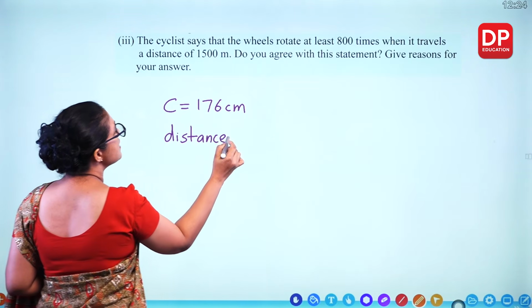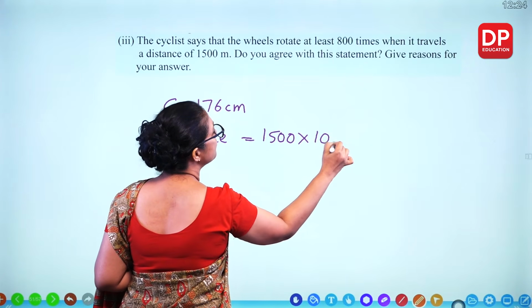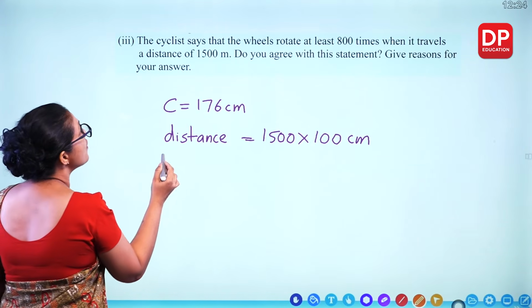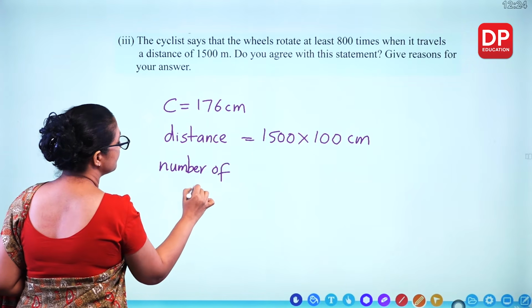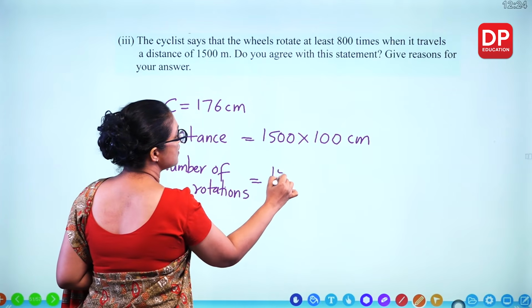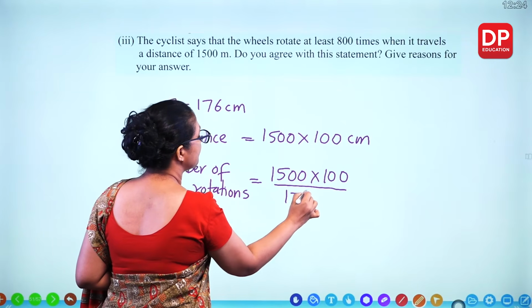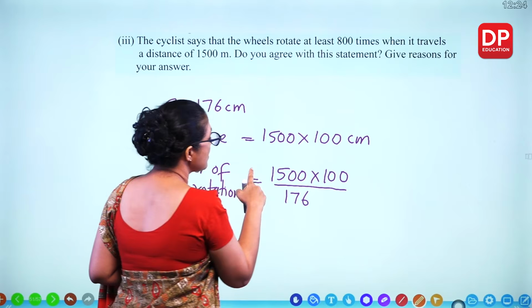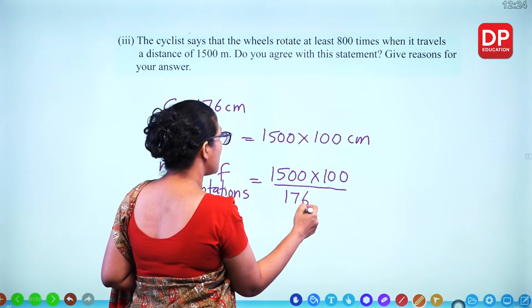1500 in centimeters, 1500 into 100. That's the distance traveled. So the number of rotations you can find by dividing the total distance by the circumference, and we'll see how many rotations there are.